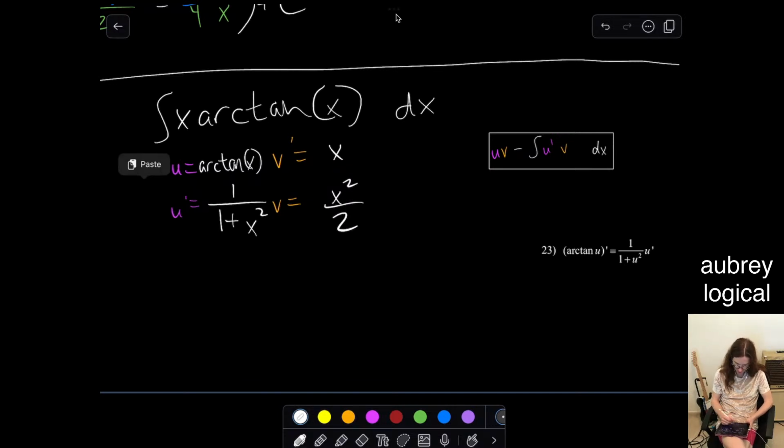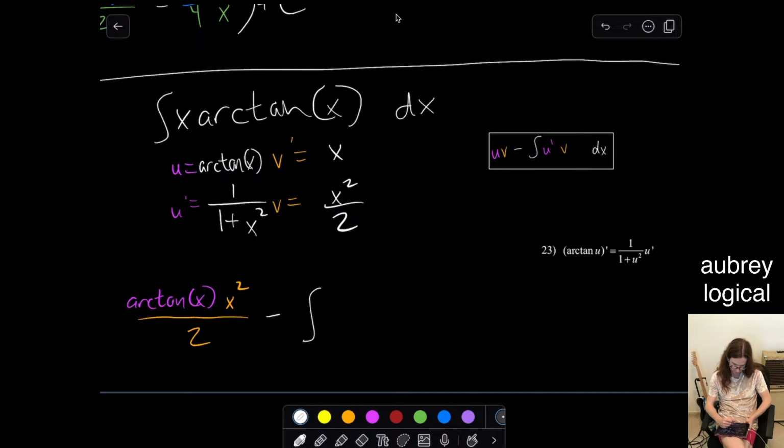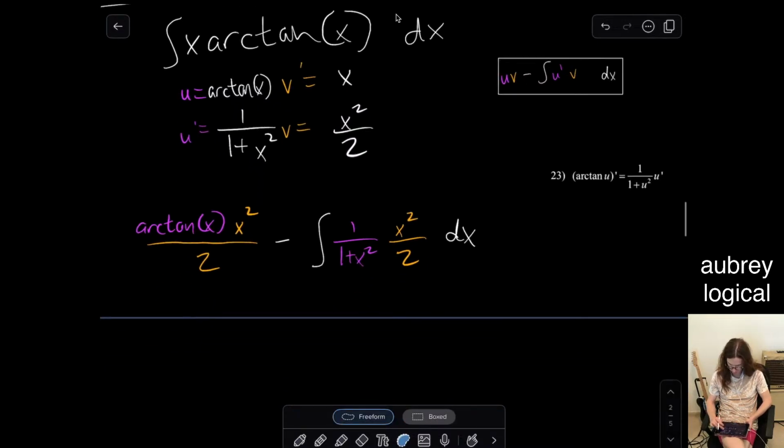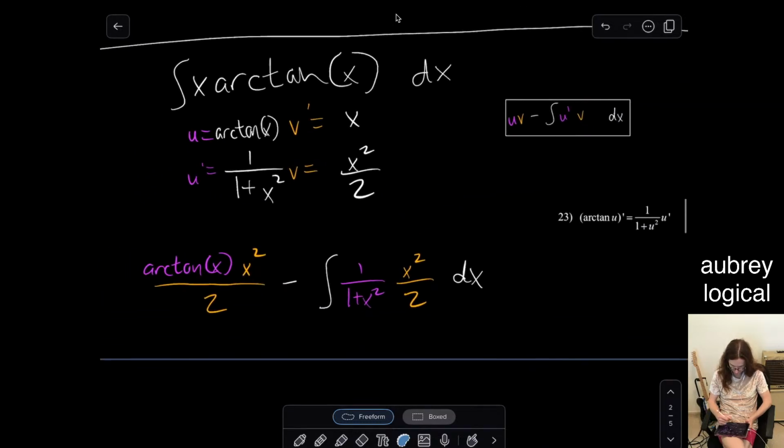So now we can plug into our formula: arctangent of x times x squared all over 2 minus the integral of 1 over 1 plus x squared times x squared over 2. Let's see, I have a little more room. Cool.